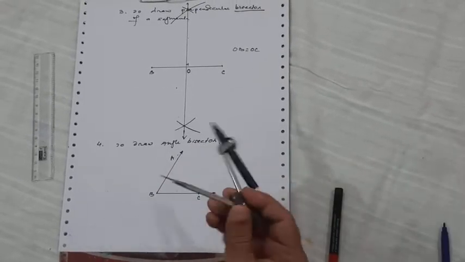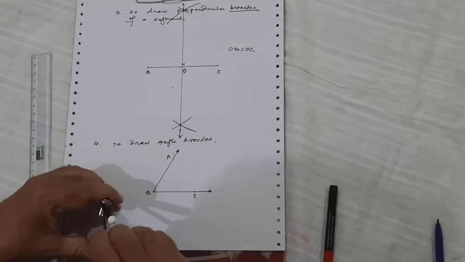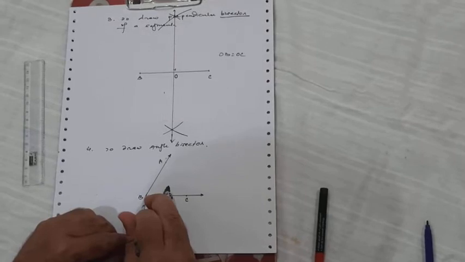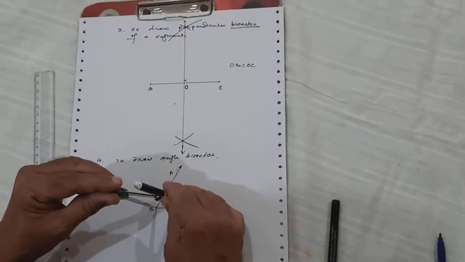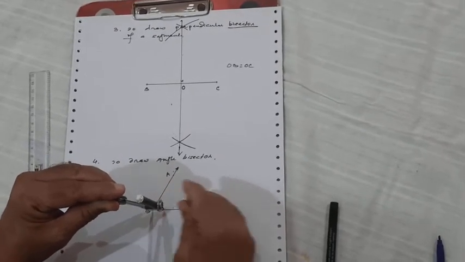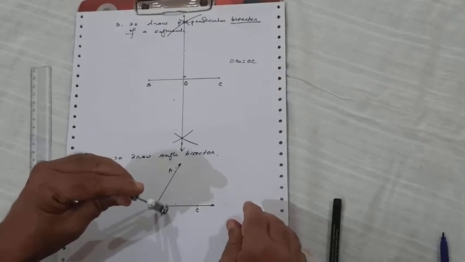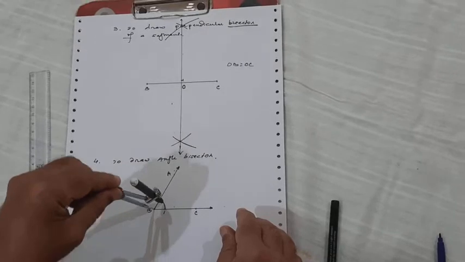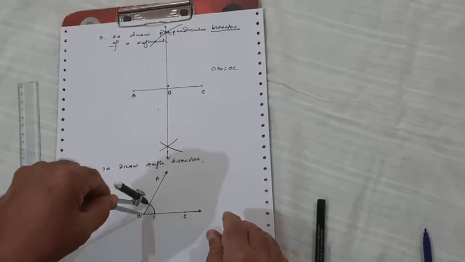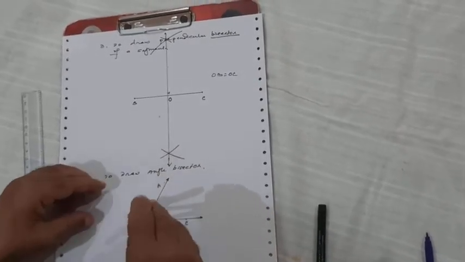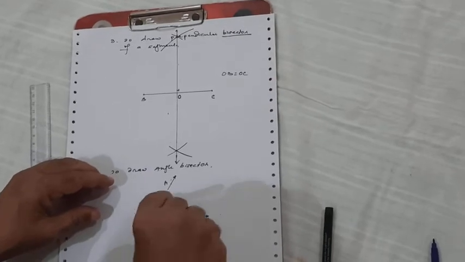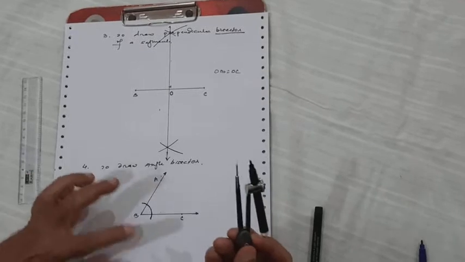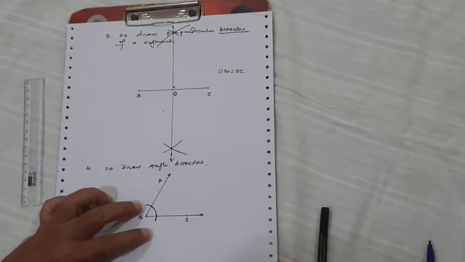Now keep the compass on point B and take some suitable distance, neither very big nor small, and draw the arc, cutting the 2 sides of the angle, 2 arms of the angle.